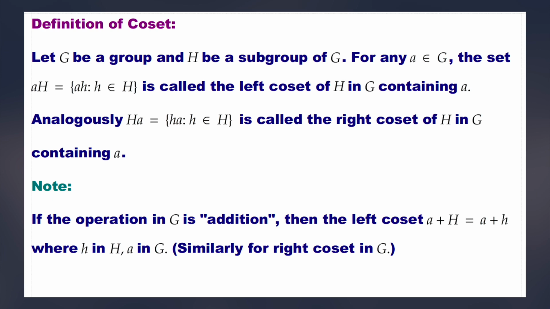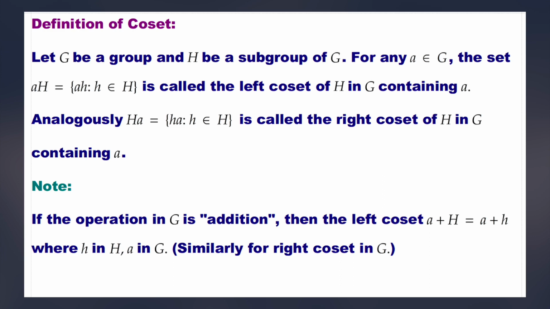Let G be a group and H be a subgroup of G. For any a in G, the set aH, equal to the set of ah such that h in H, is called the left coset of H in G containing a.